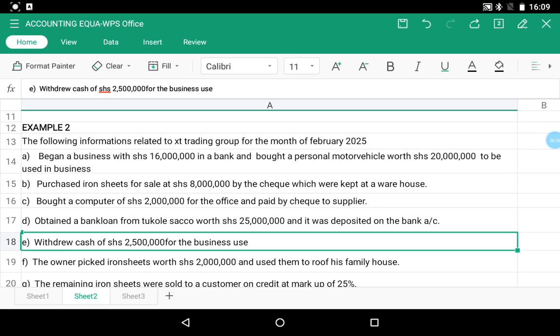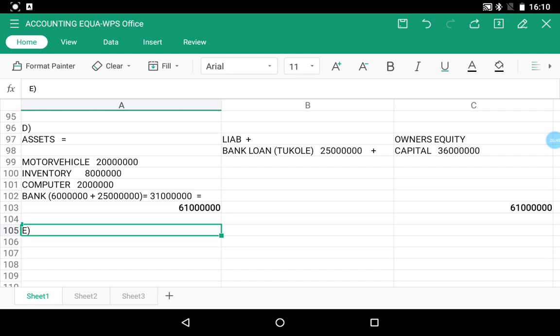So here cash was gaining from bank. It means our bank account is going to reduce by 2.5 million, and our cash account is going to gain by 2.5 million. So let us work out this.